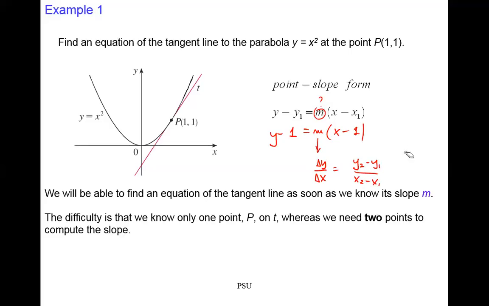But I don't have it. How can I find a slope between a point and itself? I will have 1 minus 1 over 1 minus 1, 0 over 0. That's a little bit weird at the moment.